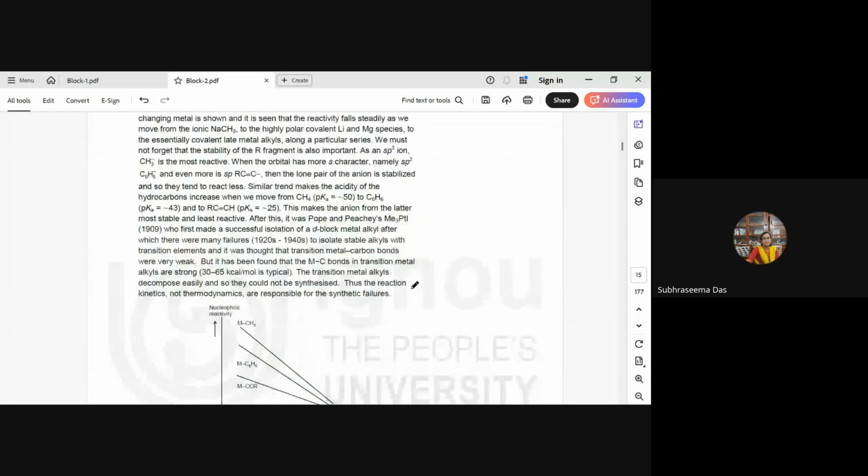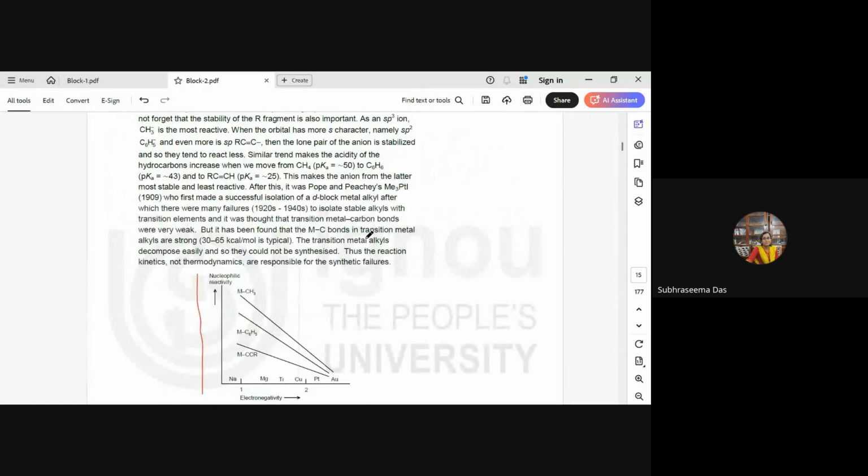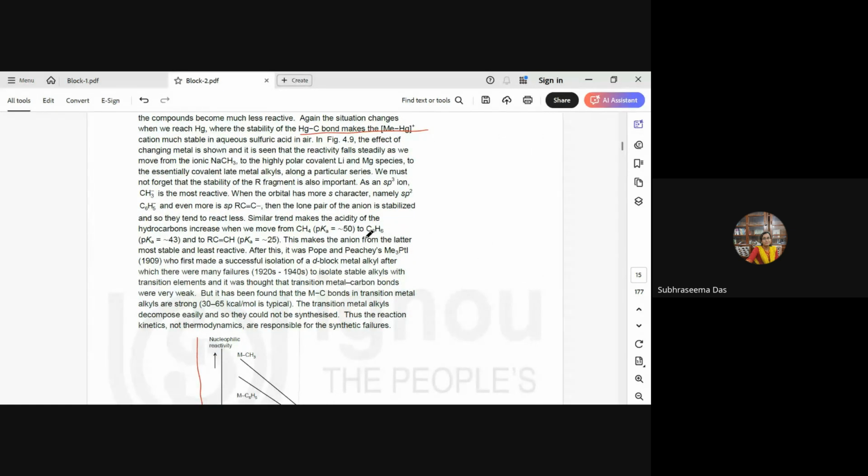In figure 4.9, the effect of changing the metal is shown. Here the nucleophilic reactivity of the main group and transition metal alkyls is plotted versus the electronegativity of the metal. It is seen that the reactivity falls steadily as we move from ionic NaCH3 to the polar covalent lithium and magnesium species.